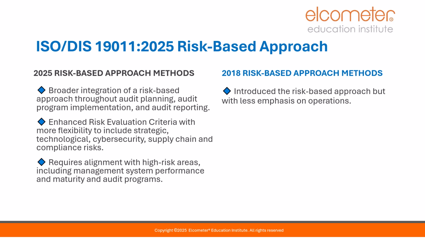The 2025 draft version addresses the application of technology in risk-based auditing, recognizing that AI, data analytics, and automation tools can support risk identification and prioritization. It references the use of digital tools for risk ranking and trend analysis.